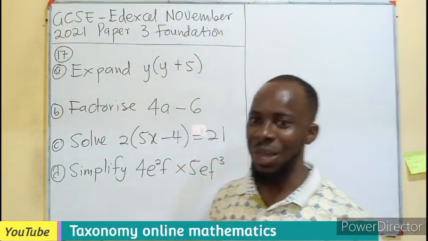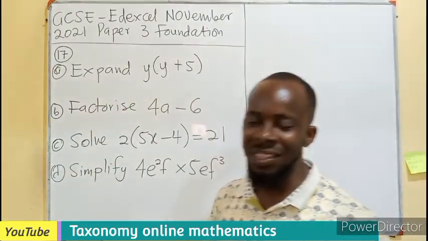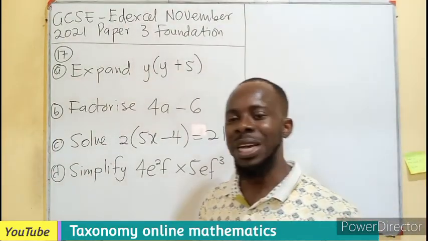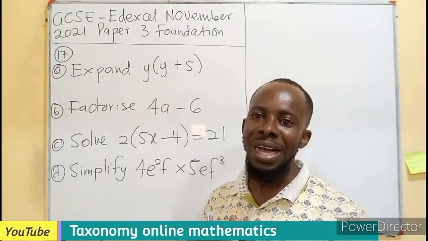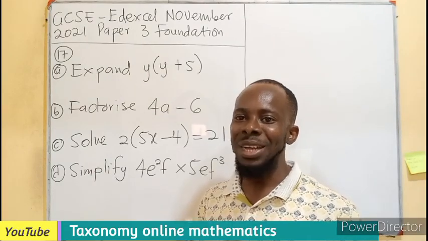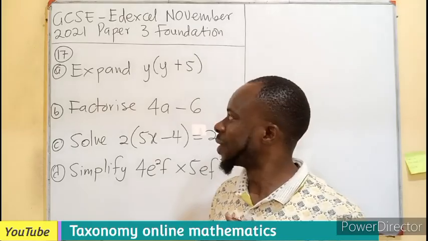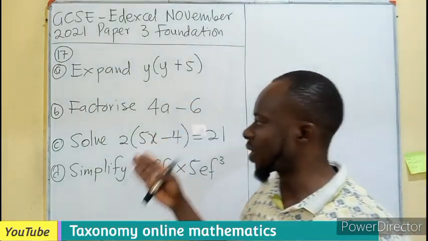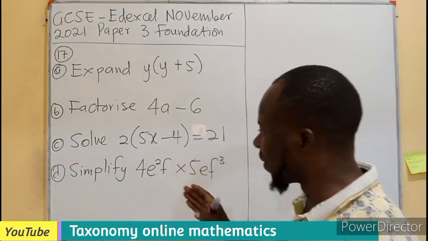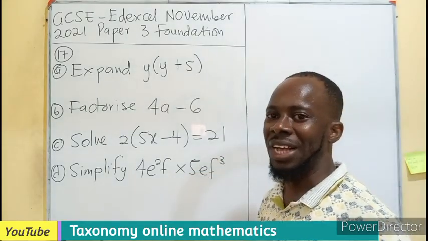We are picking a question in the GCSE Edexcel November 2021 paper 3, question number 17, on expansion, factorization, linear equation, and algebraic expression.